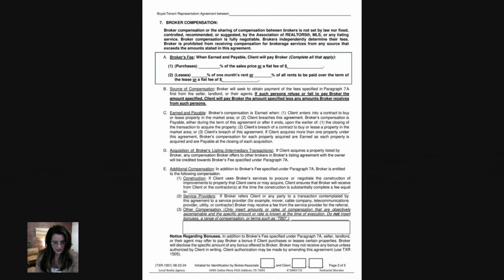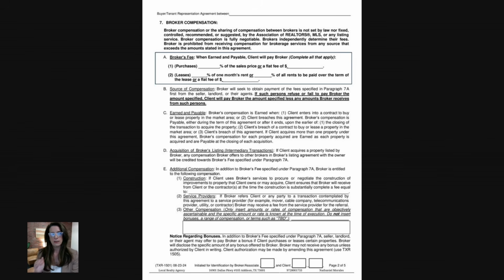So let's go to acquisitions of brokers listings. So intermediary. So if the client acquires a property that's your broker's property, right? That means that your broker will pay this paragraph 7A accordingly. So that means that the broker has a listing agent representing the seller.